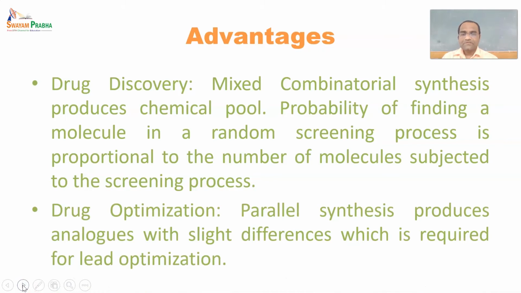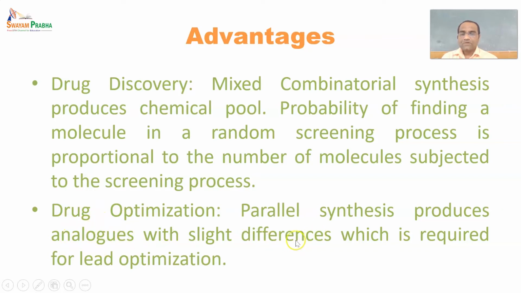After that, drug optimization. Parallel synthesis produces analogs with slight differences, which is required for lead optimization. In the last lecture we saw how a lead is optimized, and at the time of lead optimization there is a slight difference in an analog, and we have also seen what an analog is in the previous sessions. What is analog design?